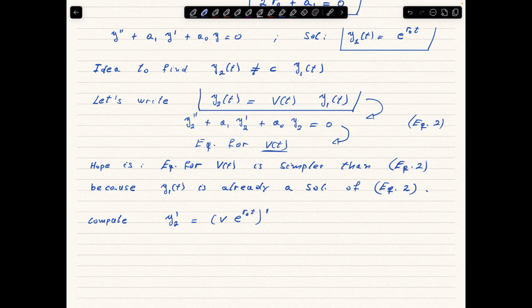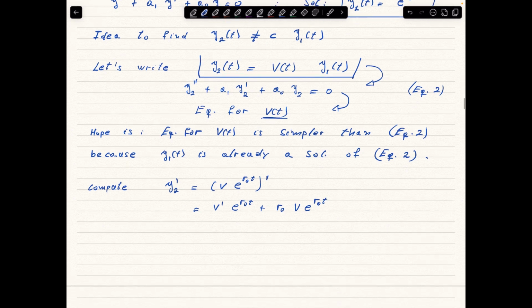Let's do it. This is product rule. So this is going to be v prime exponential r0t plus r0 v exponential r0t. We can take the exponential r0t as a nice common factor of v prime plus r0 v.